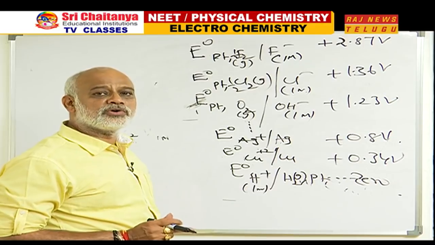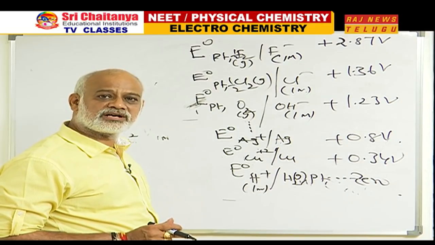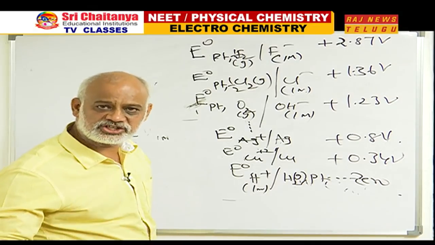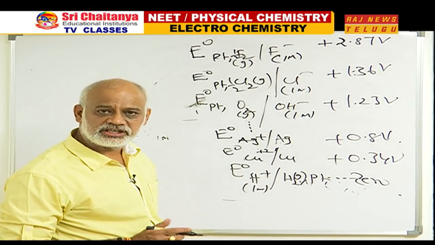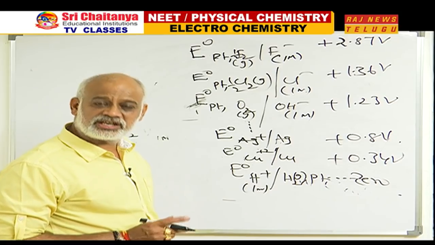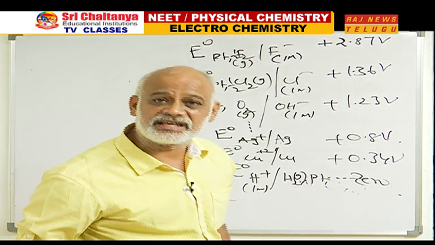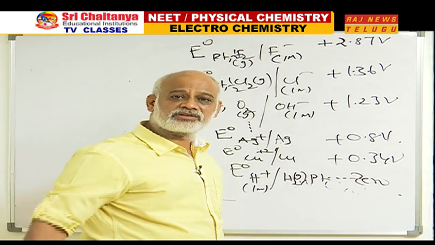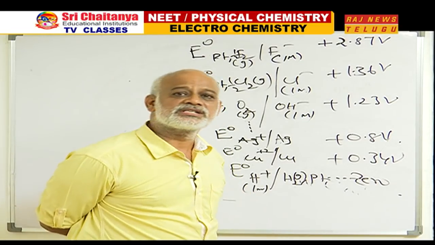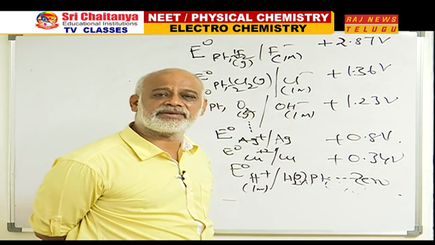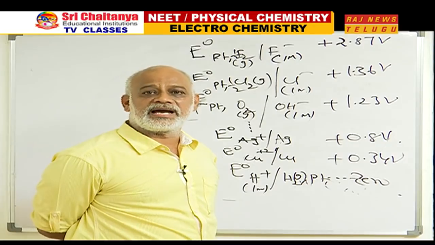What are the most popular metals that you come across? Cu plus 2 Cu, Ag plus Ag, Hg plus 2 Hg, Pd plus 2 Pd. So tell me some electrodes: copper electrode, silver electrode, mercury electrode, gold electrode, platinum electrode, palladium.